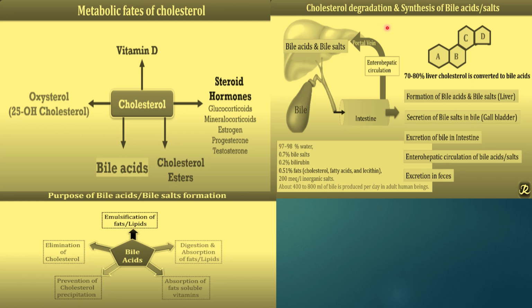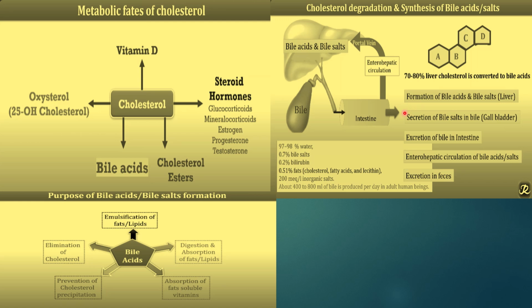Then cholesterol degradation and synthesis of bile acids and salts. So bile acids and bile salts are synthesized in the liver. From the liver, they are collected in the form of bile juice in the gallbladder, and whenever required, they are released into the intestine.